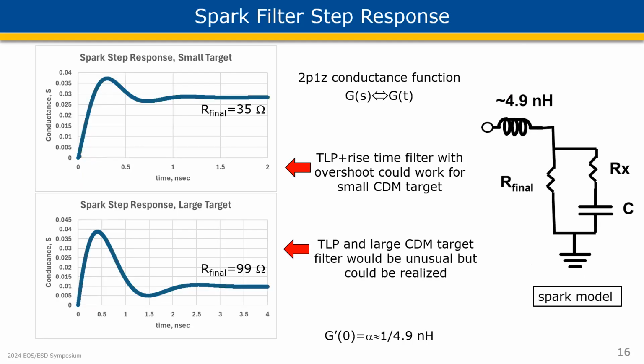Well, speaking of spark models, let's look at them very briefly here in terms of a step response of the derived spark model. Now, that happens to be a 2-pole 1-zero conductance function, but on the top, the small target, that looks like another case of a rise time filter, doesn't it? So some kind of rise time filter for the small target is not hard to imagine being realized. Now, for the large target, the overshoot is huge. So a filter to stand in for that is not impossible to realize, even with all positive resistances, but it would be different from the small target.